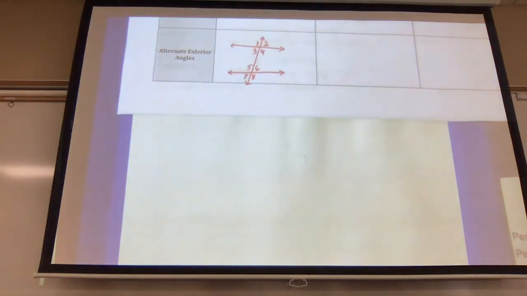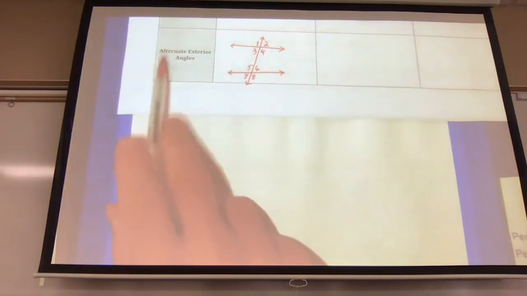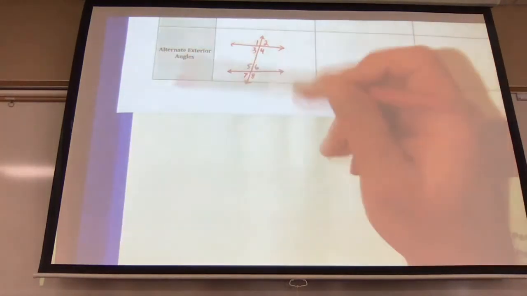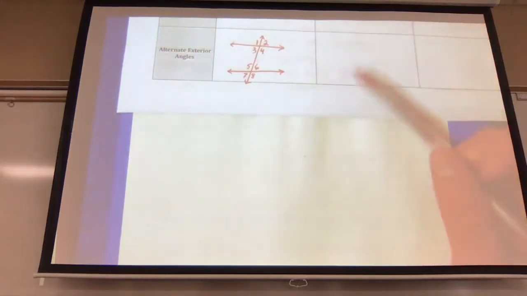And if you remember, alternate interior, we're going to be on opposite sides of the transversal and inside the two lines being intersected. Now, alternate exterior, we're going to start the same way. Alternate is going to be opposite sides of the transversal. Exterior part is going to be, now they're outside the two lines being intersected. So we need exterior angles this time.